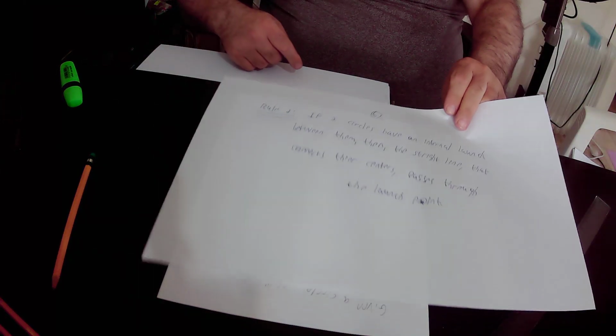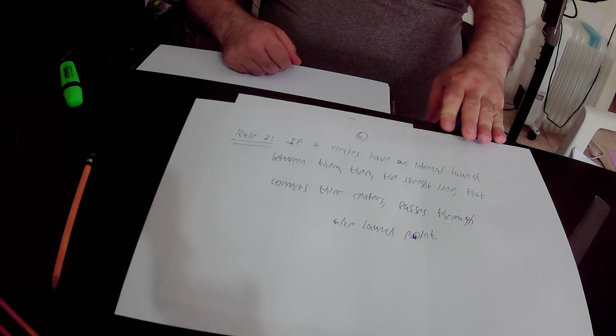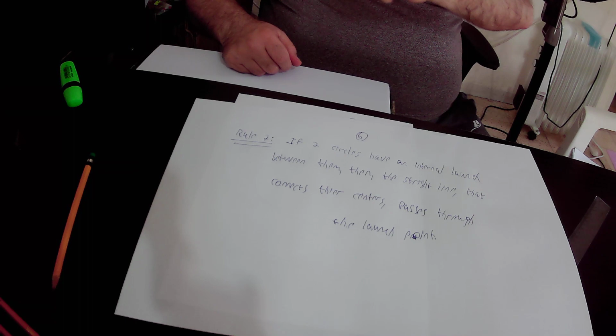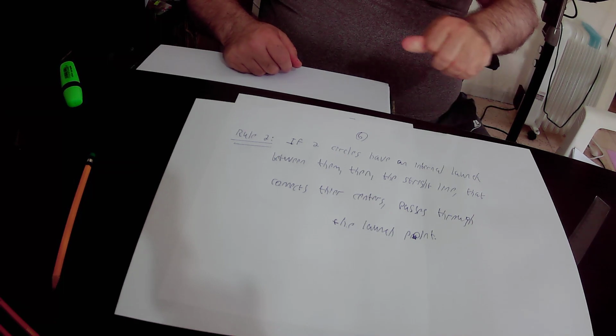Then, according to rule number 2, the straight line that connects between their centers passes through the launch point.